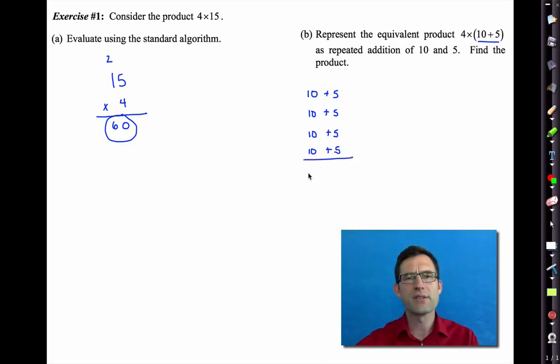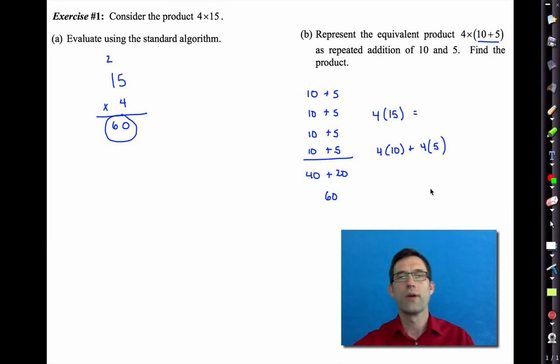So obviously what we get is 40 here, and we get 20 here. Adding them together, we get 60. So what have we really done? We've really said that 4 times 15 can be thought of as 4 times 10 plus 4 times 5, right?